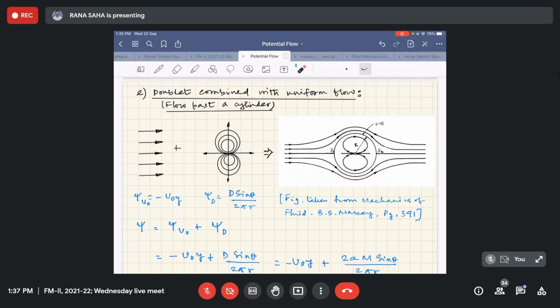So the entire treatment of finding out the pressure distribution is on that particular streamline, where we are having the value of small r taken as capital R. So capital R is basically the size of the body. If it is a circular body, per unit length only, you can say the body is well defined.